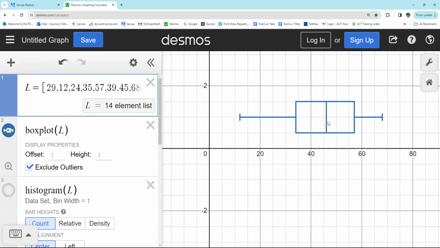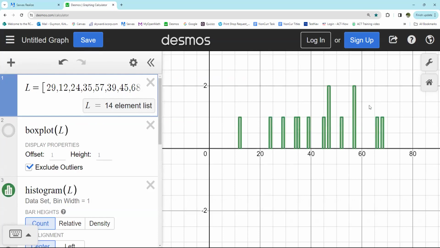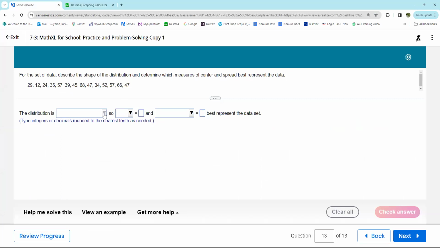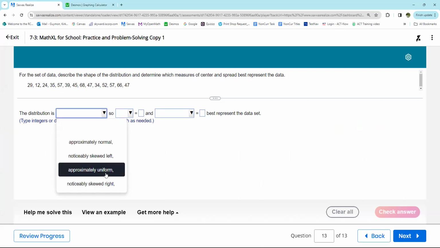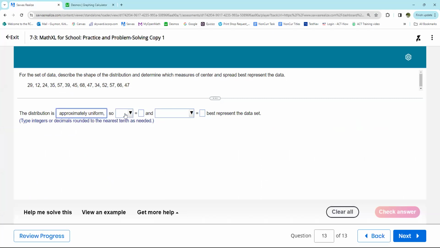So this one still feels to me not hugely, but if you look at this, somebody might say it's skewed left, but I'm going to still say we're looking more at a normal, approximately uniform. And so if it's uniform, we're going to still go ahead and use our mean.